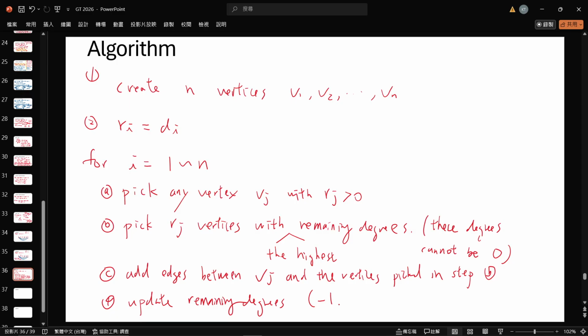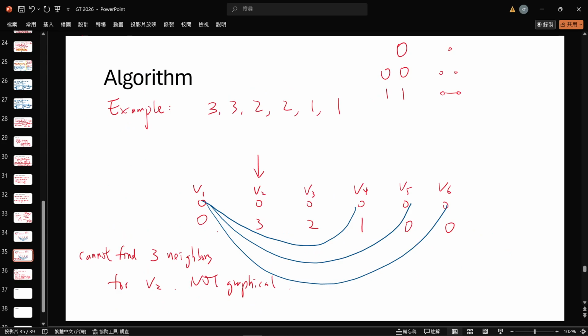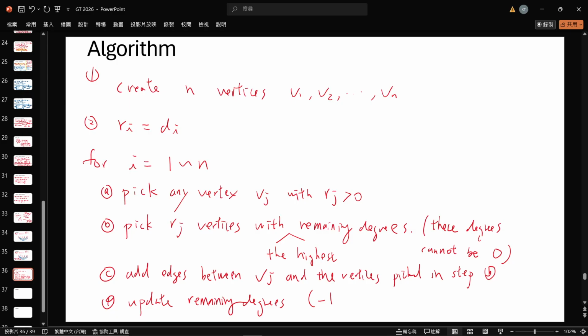In particular, we're going to subtract 1 from the degree for the vertices picked in step B. And also, Rj will be 0, because we've added all the necessary neighbors for Vj. So the remaining degree for Vj will be 0.